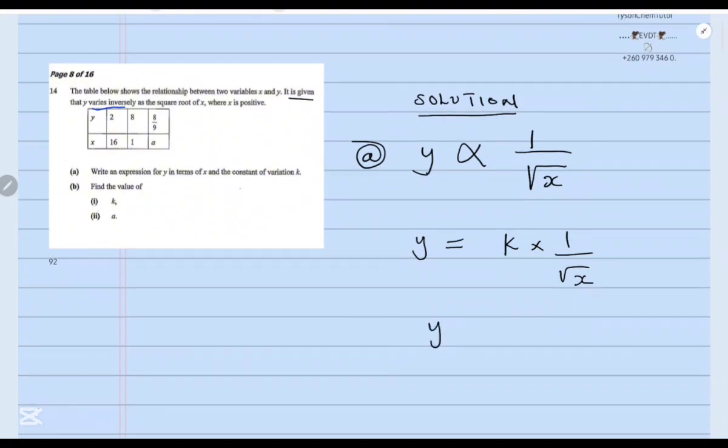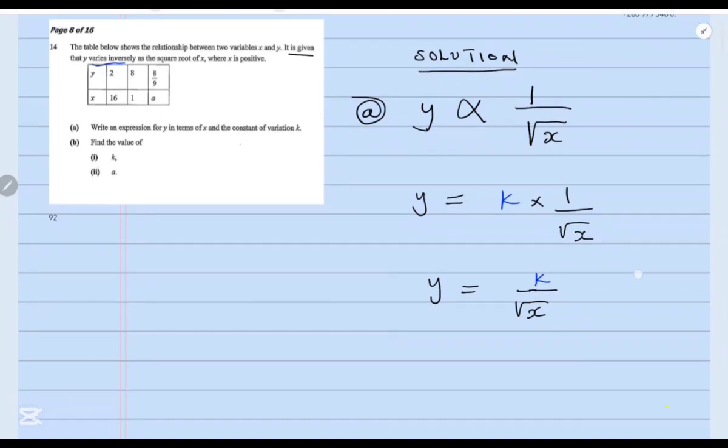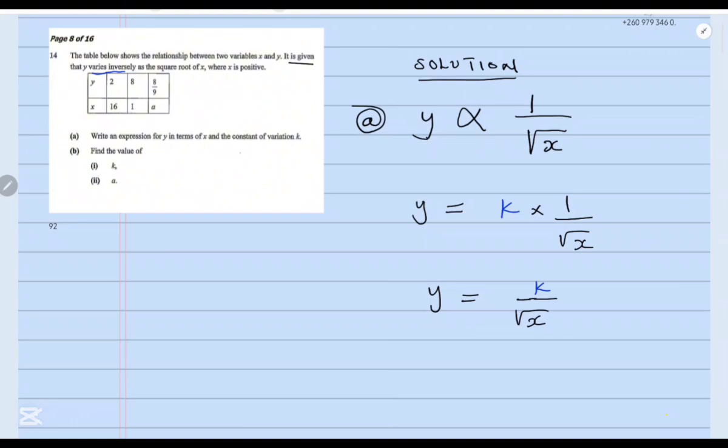So y is equal to k multiplied by 1, which is k over root of x. Maybe let me put k in another ink so that you see the difference. Here is our k. Now we have formed an expression of y in terms of x.